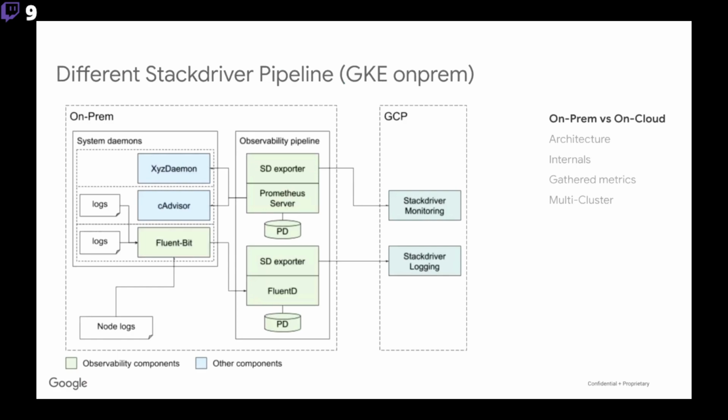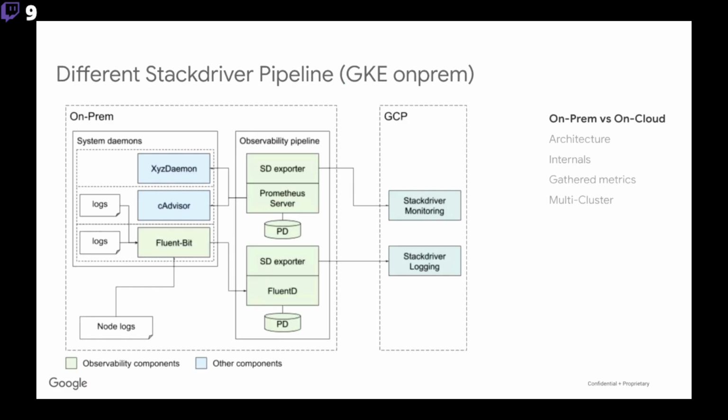Although the Prometheus server has full visibility into the metrics, we do it this way so that we can use the Prometheus server to scrape the metrics first and store them locally, and then have a sidecar that talks to the Prometheus server and translates the metrics into the ones that the Stackdriver monitoring API understands, and then sends them through from a single component.